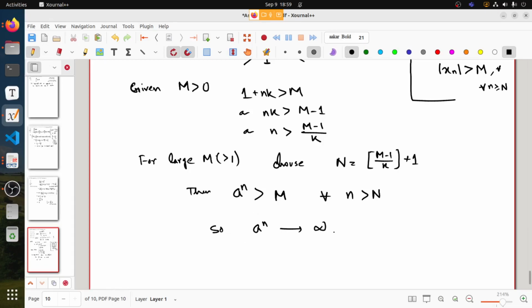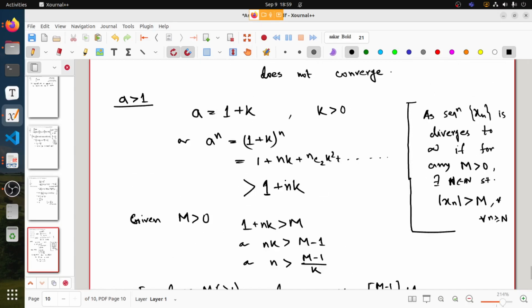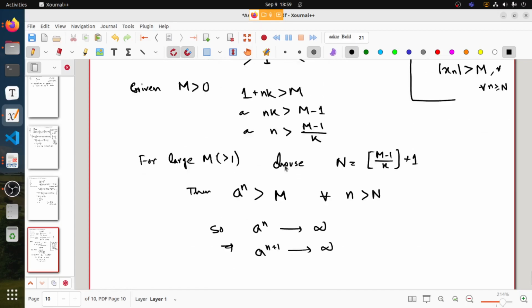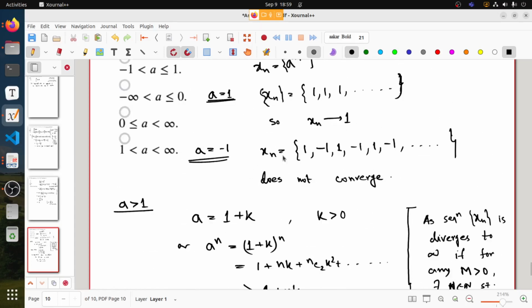So if a to the power n diverges to infinity, it implies a to the power n plus 1 also diverges to infinity. So what we get: if a is greater than 1, then the sequence a to the power n diverges to infinity. So xn does not converge for a greater than 1 also, right?